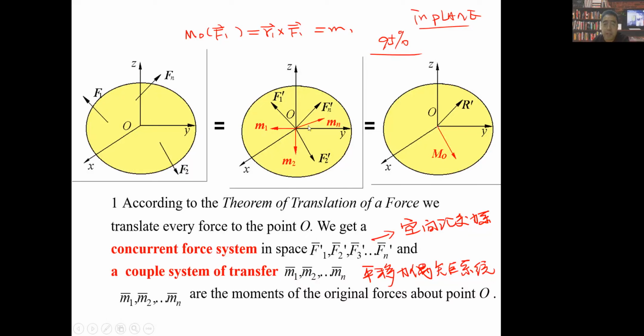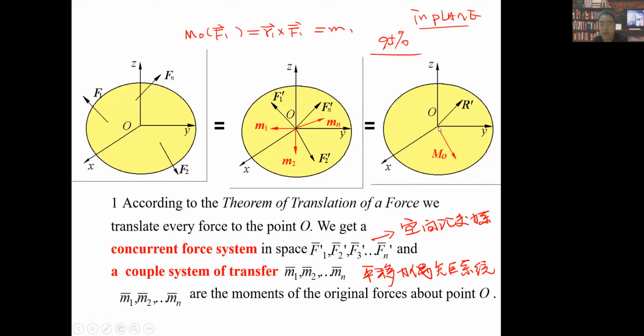So actually, this is the intermediate step. The final result will be this, because whatever the number of forces in this concurrent force system is, we can finally use just R prime to denote it. Actually, this R prime is the resultant force of this concurrent force system in space, right?